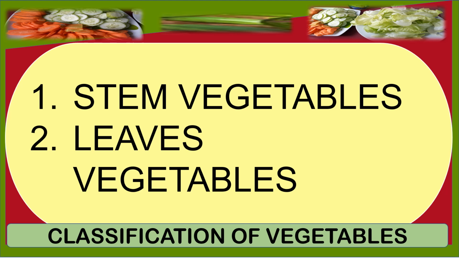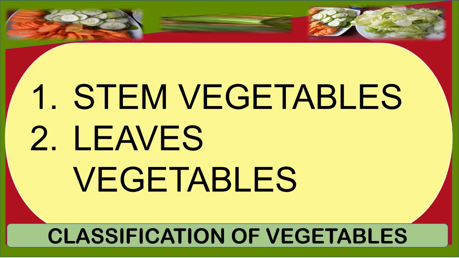These are shoots from a plant which shoot from the roots or bulbs, and it always grows above the ground. Examples of stem vegetables are asparagus, celery, and bamboo shoots. You know that one, the bamboo shoots. Those are examples of stem vegetables.